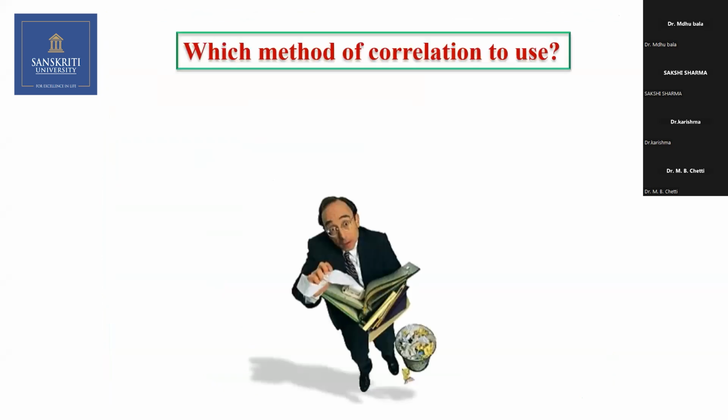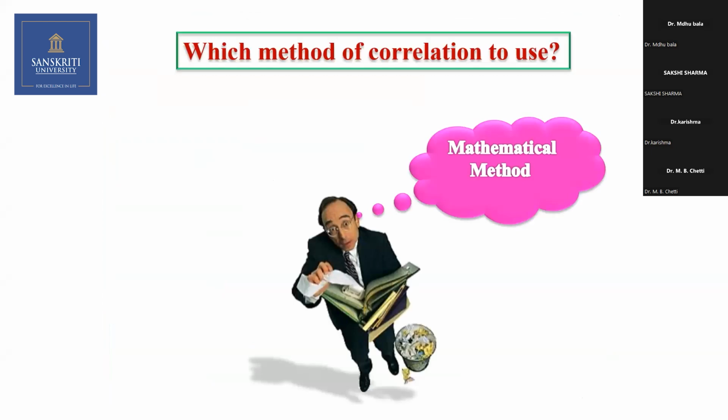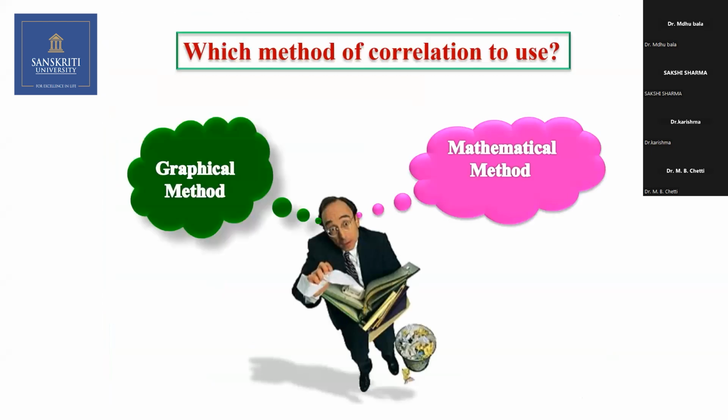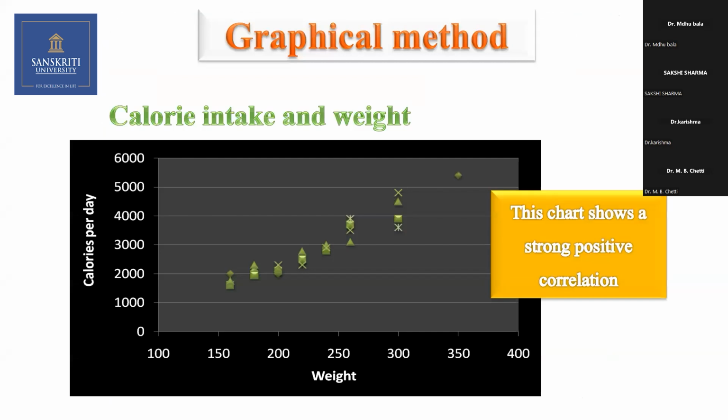Then which method of correlation to use? You can use either a mathematical formula or even a graph. That's the reason I've taken up this slide. That is the calories per day. The more we eat, the weight increases. You can just see here, suppose you take only 1,000 calories, then 2,000 calories, your weight will be 150 pounds.